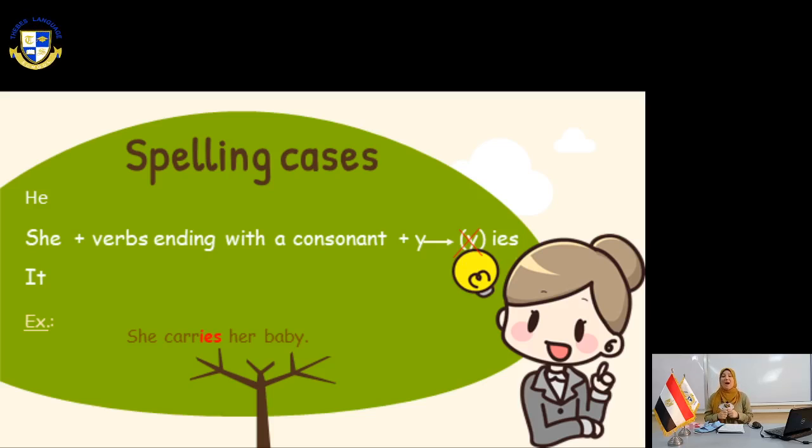Okay. What if I don't have a strong vowel before the Y? What will happen? We said that the Y doesn't like at all the noisy S. The Y will run away from the verb. The verb will be without Y, and we will put what? Instead of the Y, we will put I-E-S.